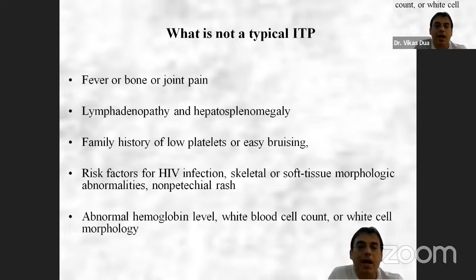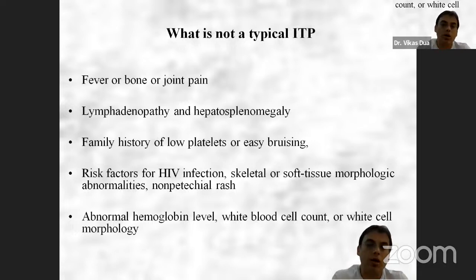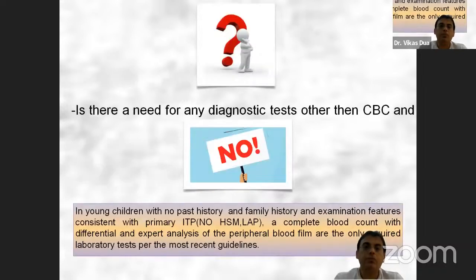So the patient might be having IDA. Any nutritionally deficient patient can have ITP, so then the diagnosis will change to IDA with ITP. But if you have a patient who's got low hemoglobin, but it's a normocytic normochromic picture, then it's something else and not ITP. And similar logic will apply to WBC count and WBC morphology.